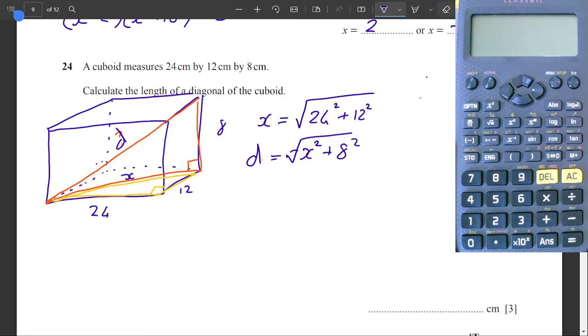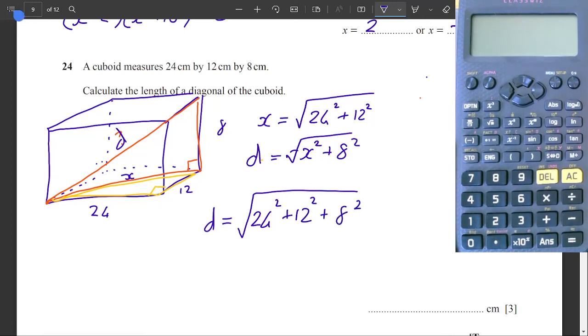But there's a lot quicker way. Instead of doing all that jazz, just remember this. To find any diagonal, let's call it D for diagonal, we can do 3D Pythagoras simply by doing it all at once: the square root of 24 squared plus 12 squared plus 8 squared.